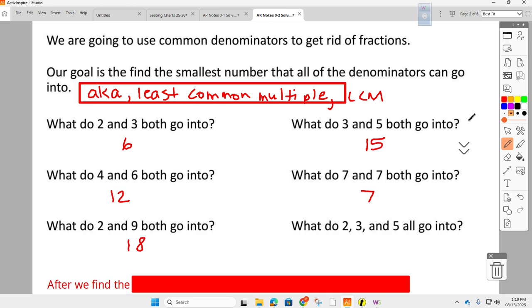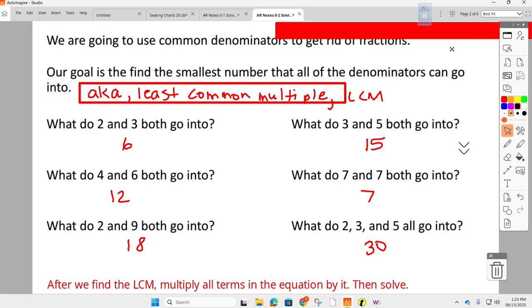Okay. So once we've decided, let me write this in here. Once we've decided what the least common multiple is, we are going to multiply all the terms in the equation by that number, and then solve. Because when we multiply all the terms in the equation by the least common multiple of the denominators, we get rid of the fractions.